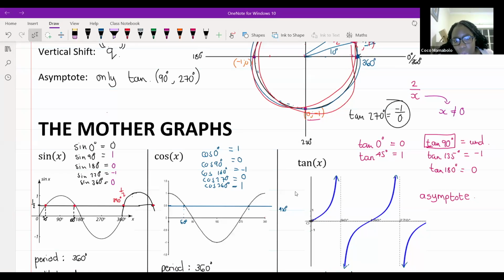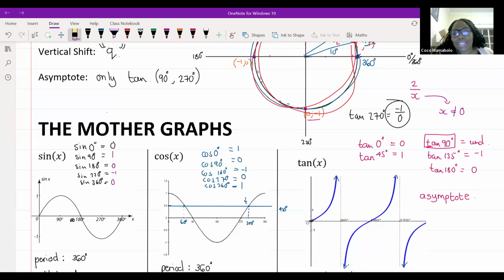Over here also at cos of 300, we're also going to get a half. But if we take 300 plus 360, it's also going to give us a half again. Are we seeing how all of these things come together, guys? It's very important that we understand that when we are looking at the mother graph of sine, they've only given us half a graph.